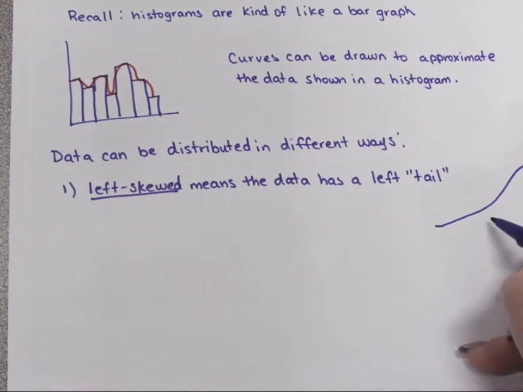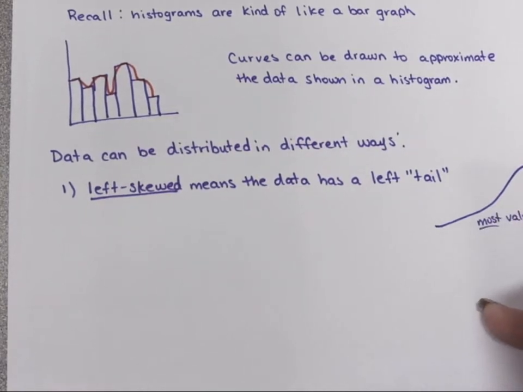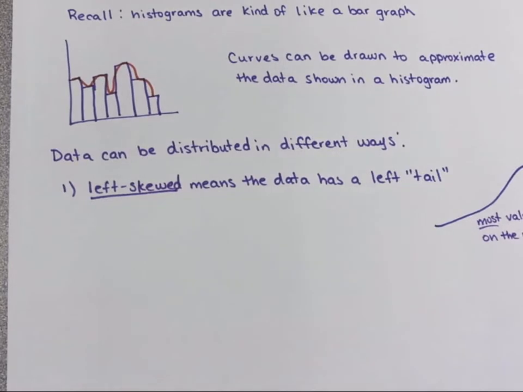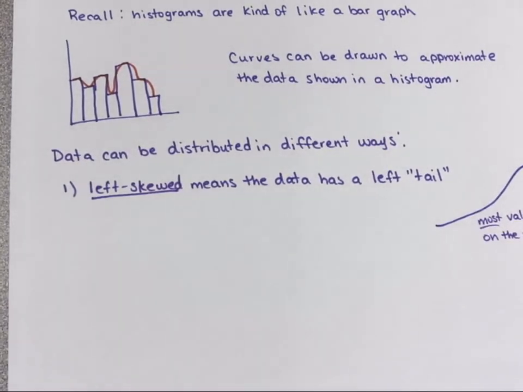Okay, so notice in a left tail situation, most values are clustered at the right. So skewing indicates where the tail is, not where the peak is. So it's a little bit maybe backwards from what you might think.